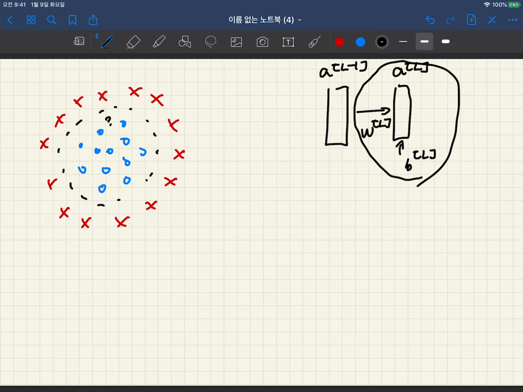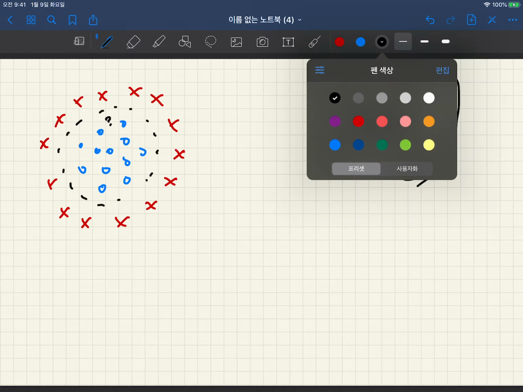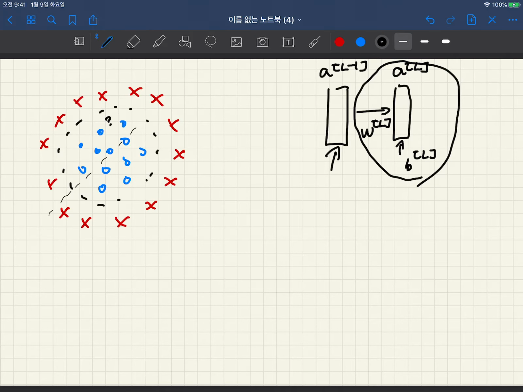From the A bracket L minus 1 activation vector, we just classify these feature vectors using some linear classifiers, which means we can draw just a linear line, this or this, to discriminate the blue area and red area.